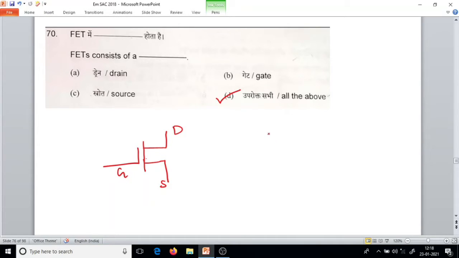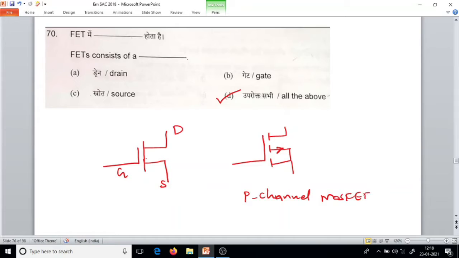What about MOSFET? Which is this MOSFET? Is this an N-channel MOSFET or a P-channel MOSFET? The arrow is going out, so it's a P-channel MOSFET.